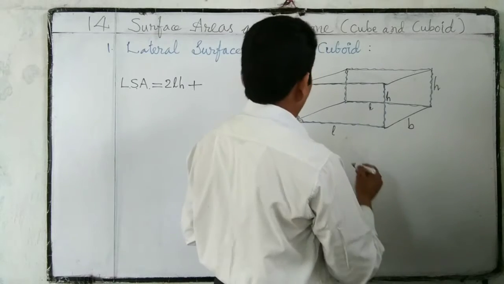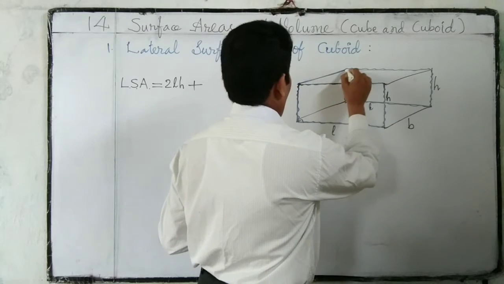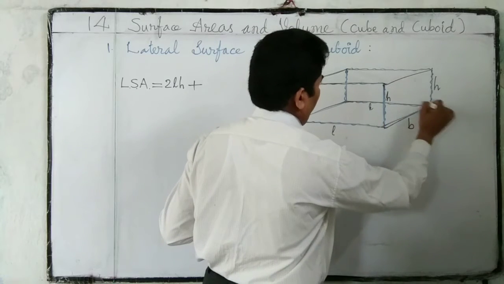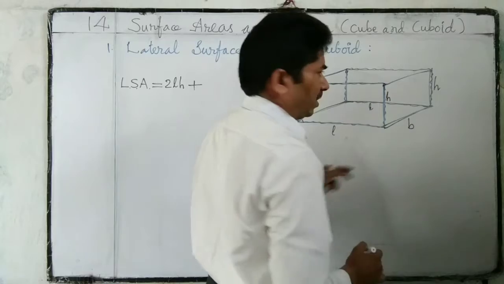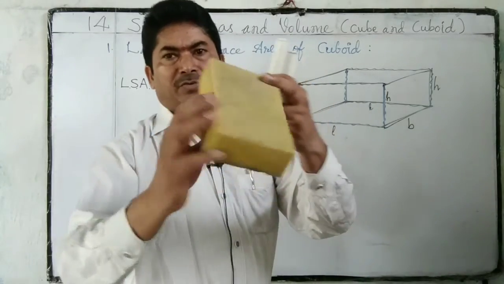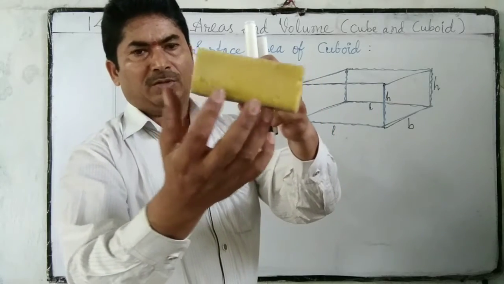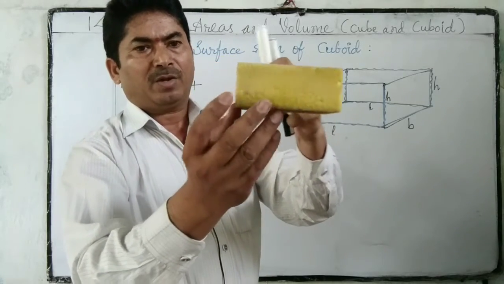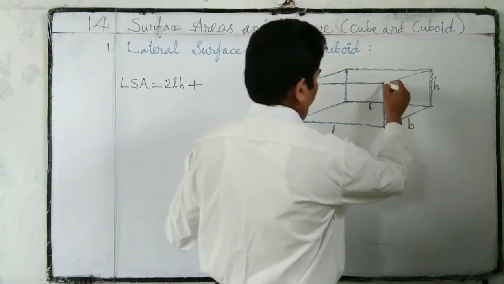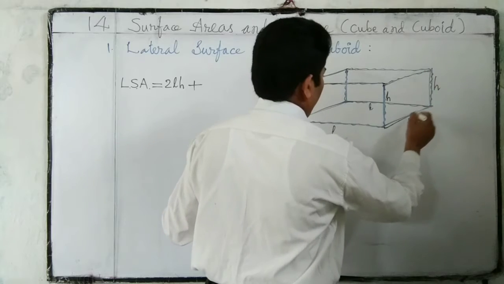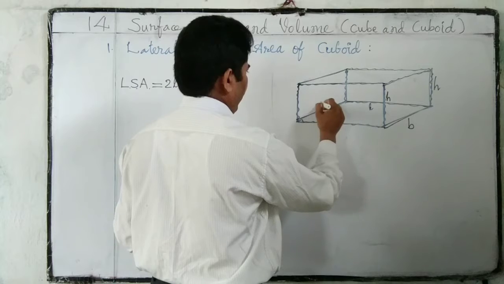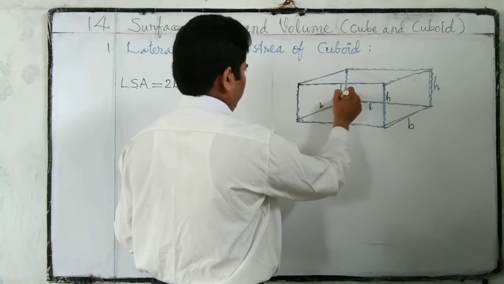Similarly, this and this, these two are the same area. In this duster, you may observe this is length, breadth is length, height is breadth. These also have the same area, so breadth into height.